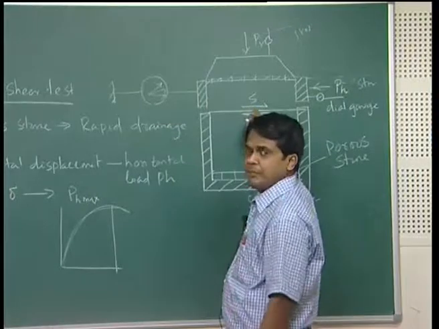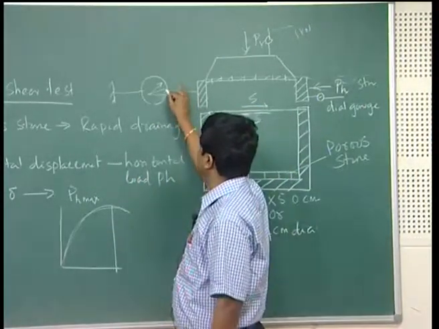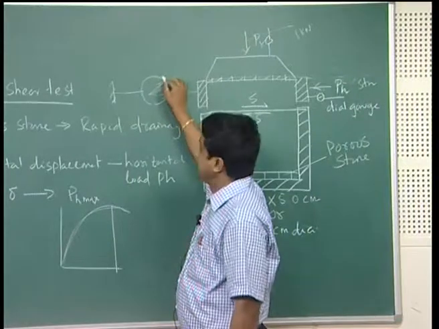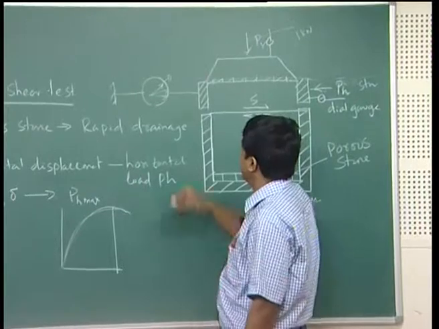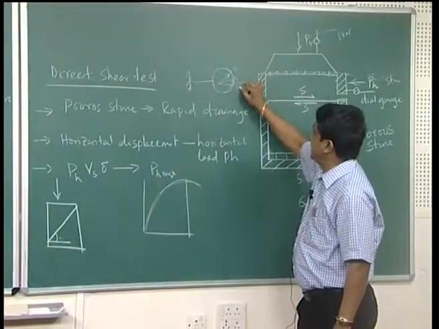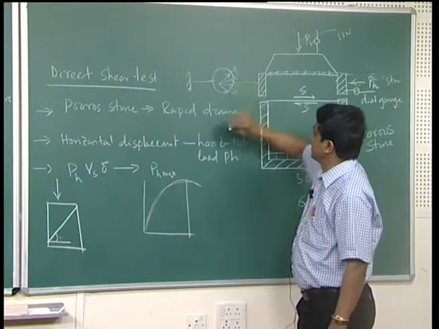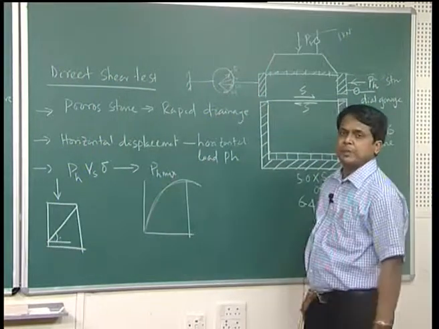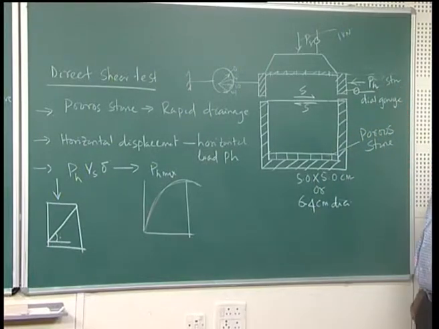The moment soil fails by shear, all of a sudden it will start decreasing. Suppose initially it is 0, it will increase to 5, 10, 15 divisions, then once the failure occurs, this will start decreasing. At that point you stop applying your lateral load.